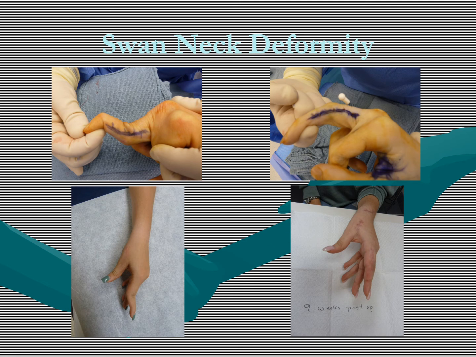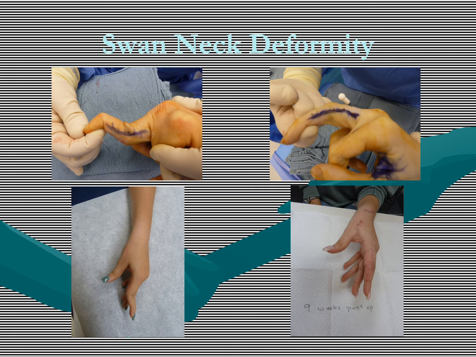Here on the top are 2 pictures from the operating room. You can pin the PIP joints in flexion for about 3 weeks, and that will usually serve to rebalance the finger. And in the lower 2 photos, you can see the swan neck deformity, and here she is at about 9 weeks with significant correction.